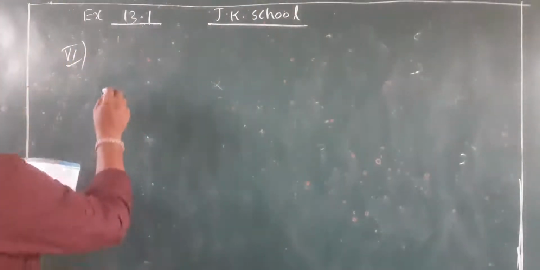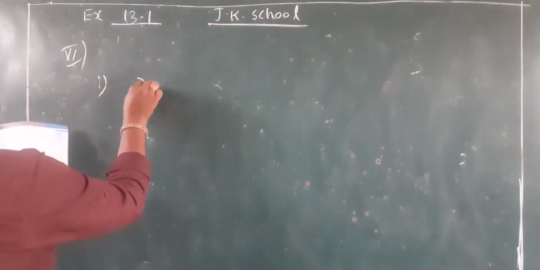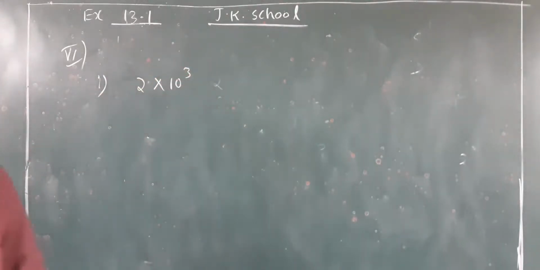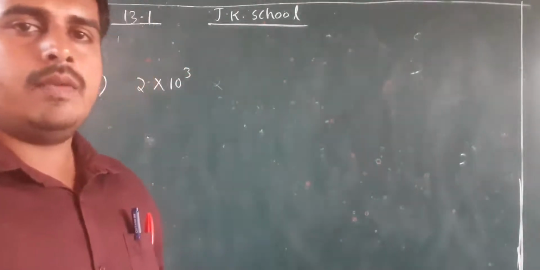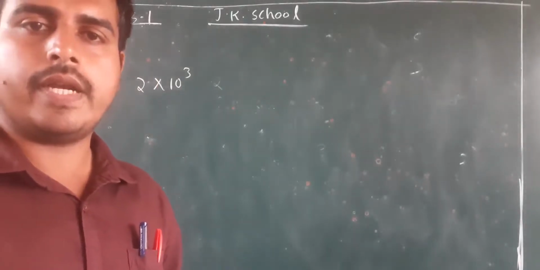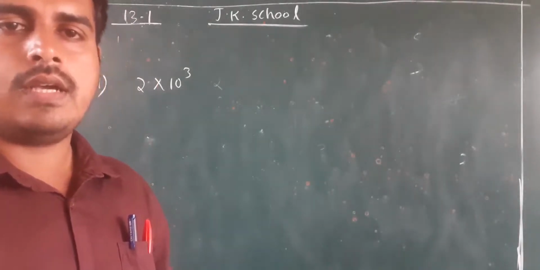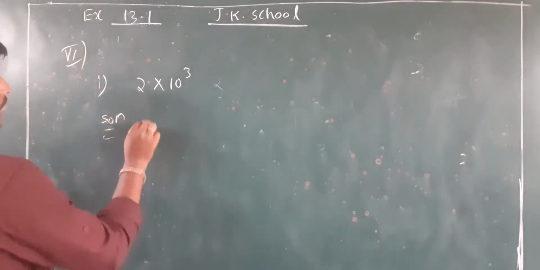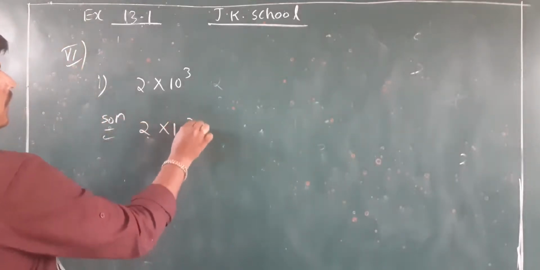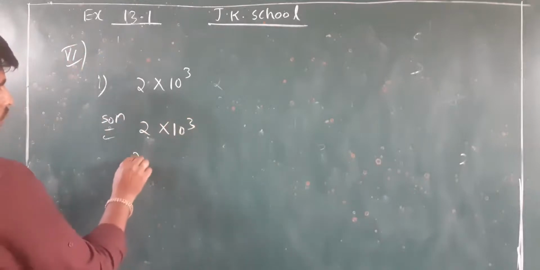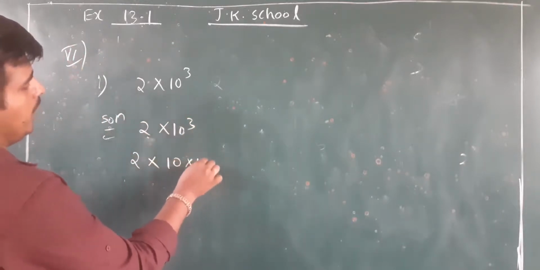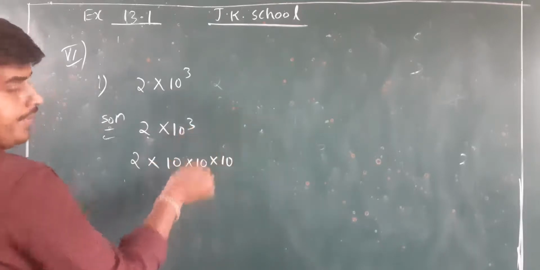First one, 2 into 10 cube. You have to go on solving until you get the last answer. So write the solution. Write once again 2 into 10 cube. 2 into 10 cube means what? 10 into 10 into 10.